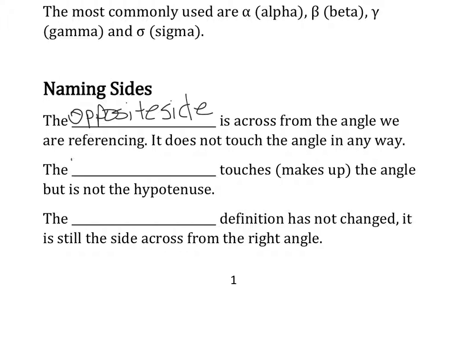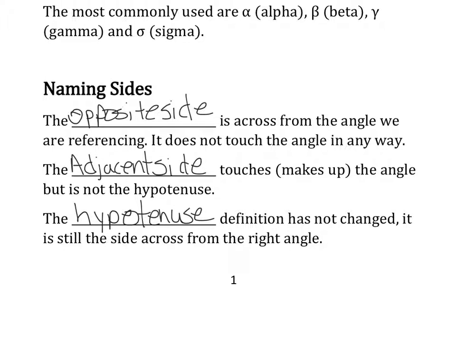The adjacent side touches or makes up the angle we're referencing, but is not your hypotenuse. And your hypotenuse's definition does not change. It is still the side across from the 90-degree or right angle. Not the angle, the side across from the right angle.